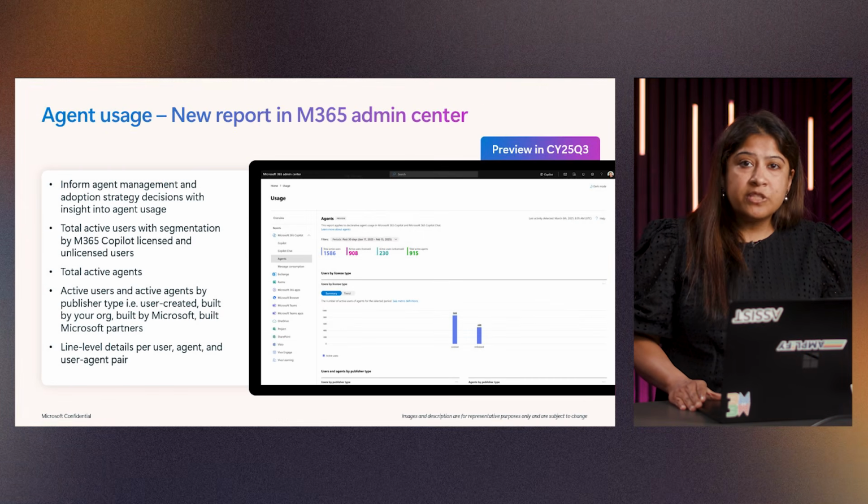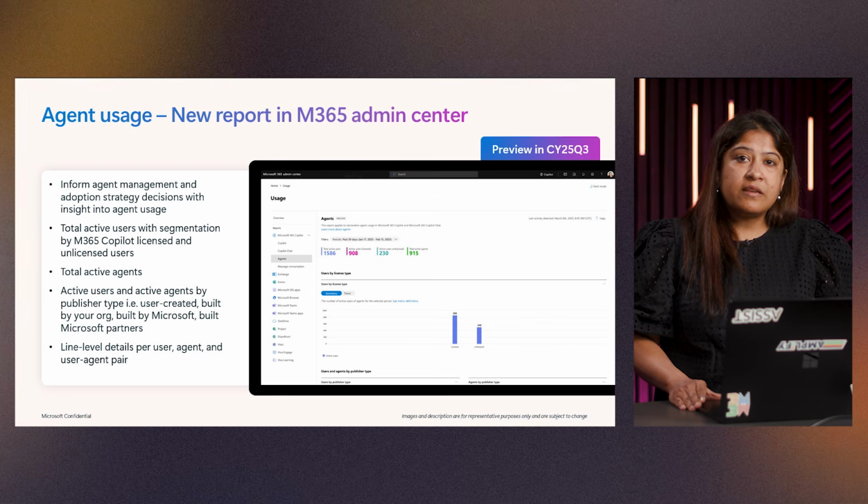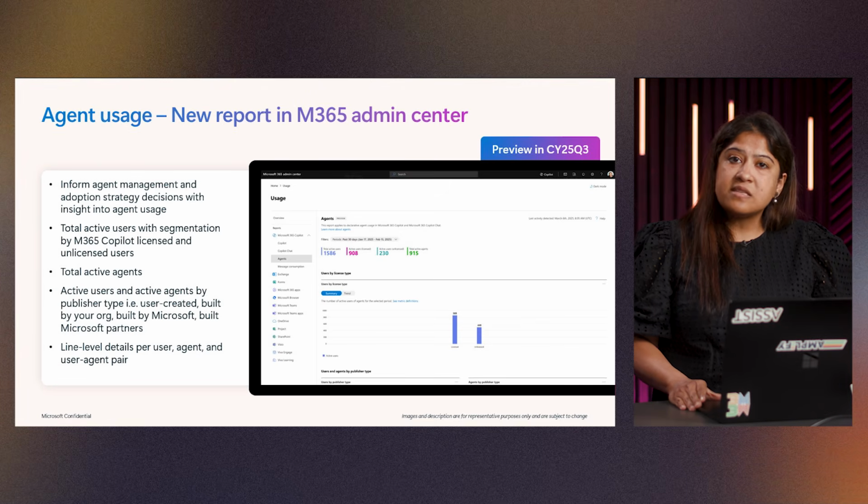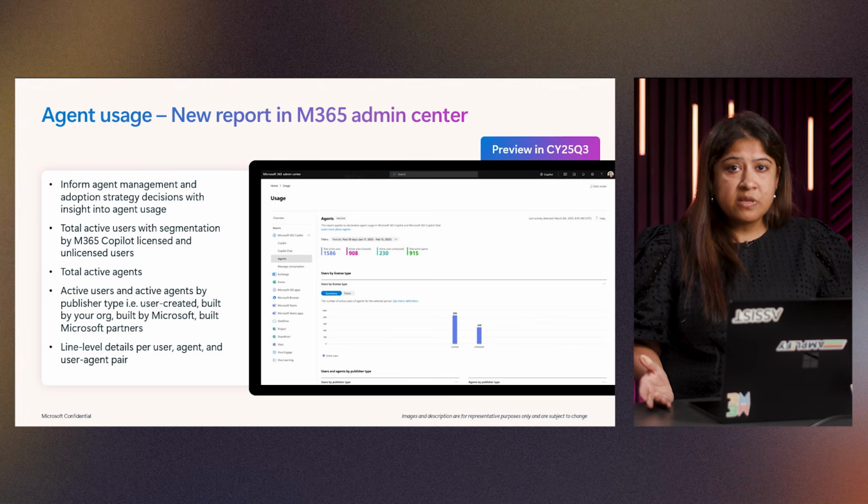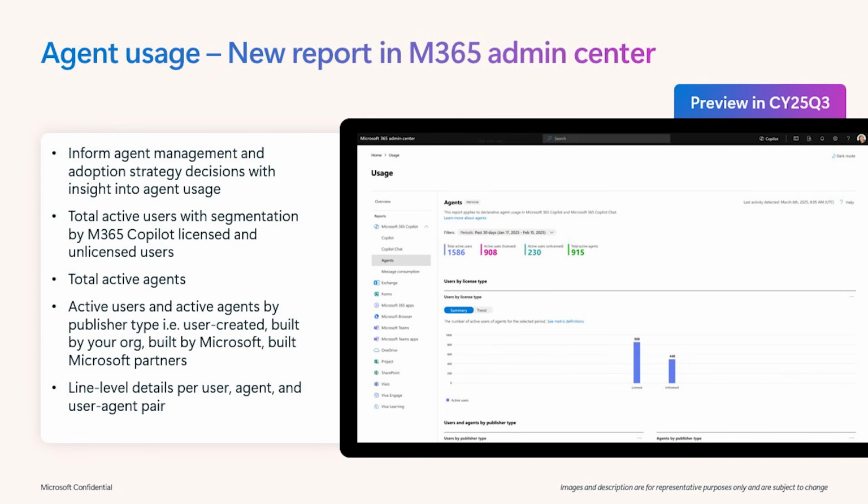We are soon going to preview a new report that addresses some of the top asks we have heard from our customers about agent metrics. Single view for agent usage across licensed and unlicensed M365 Copilot users. It will have a drill down for which agents are used by which users in your organization and lower latency for data updates.